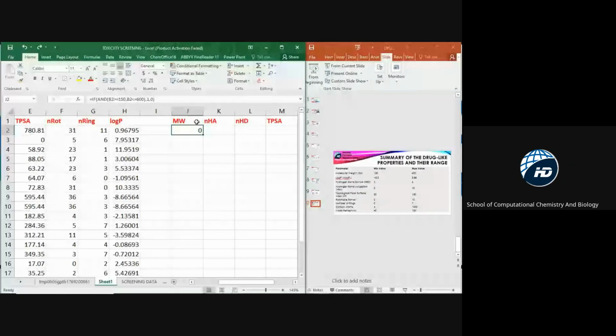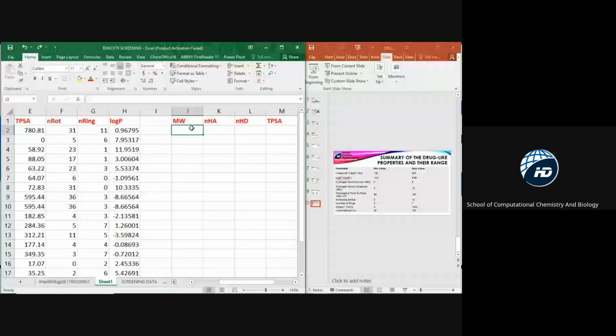What I copied was the data we had already. Remember, we had those data already. So I just went to those data, the one we downloaded from ADMET. I took the parameters that define drug likeness properties and copied them to a new sheet.